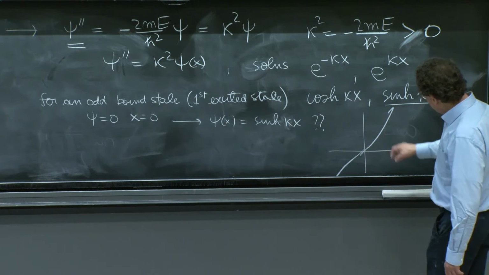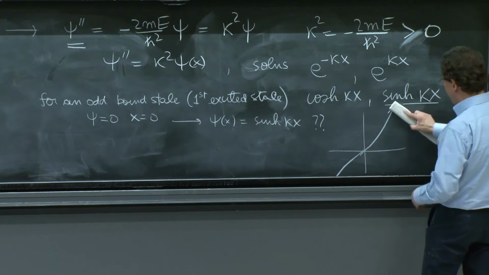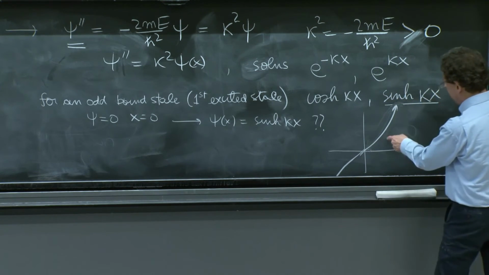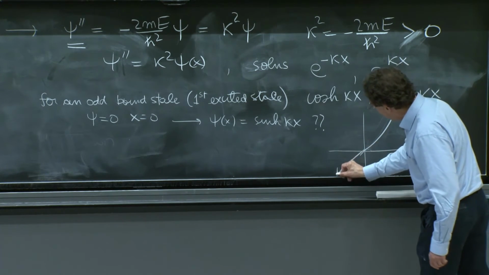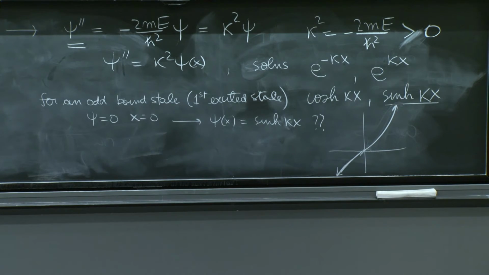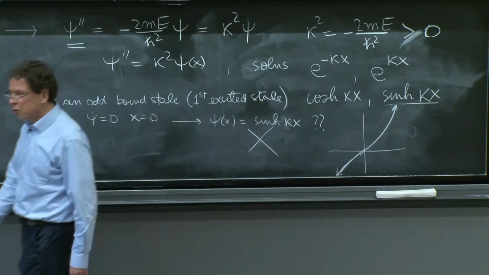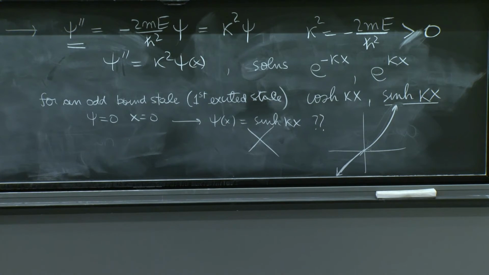It has to go like this. It is in a forbidden region, so it has to be convex towards the axis and convex here, but it blows up. So there's no such solution. You cannot have an odd bound state.